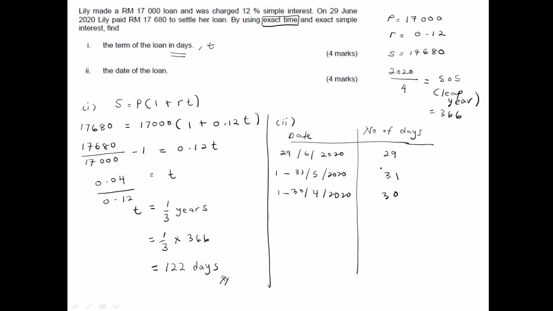We want the total number of days to be 122 days. So we still have some more months to go on. Continue.